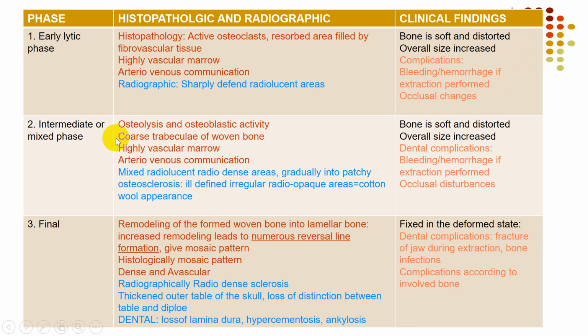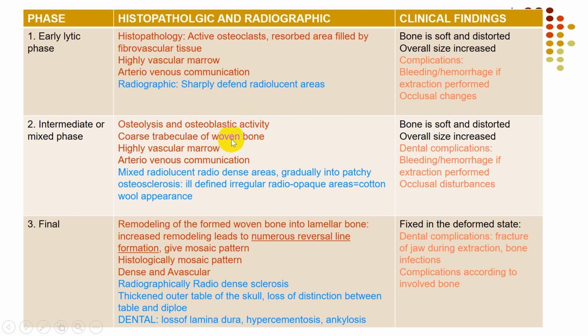Okay, let's go to the second phase. We will go in the same way of categorizing the changes or findings in the second phase. In the second phase, we will have osteolysis, meaning osteoclastic activity, and osteoblastic activity. But the osteoblastic activity will result in formation of woven bone.